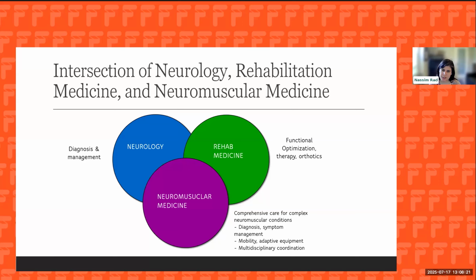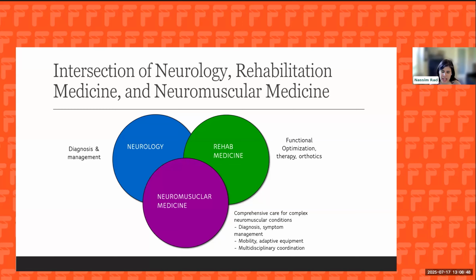Now, here's where it gets a little challenging. To date, most neuromuscular specialists fall under neurologist, and that's how it's been for a long time. There have been more rehab medicine doctors that have become board trained in neuromuscular medicine, but there's certainly not as much as through neurology, and the training programs are through neurology.